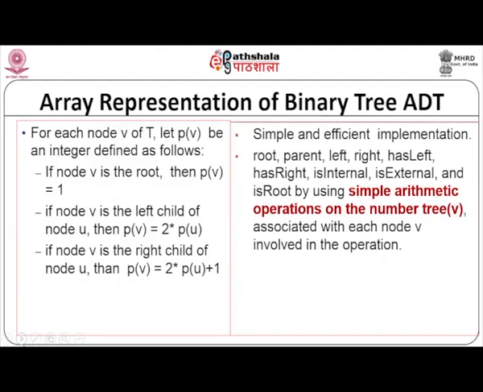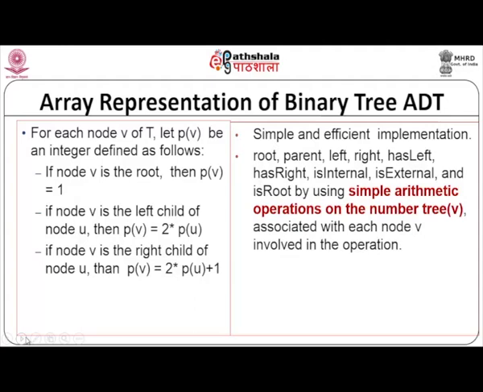So, for this array implementation, for each node V of T, let P of V be the integer defined as follows. If node V is the root, then P of V is equal to 1, that is the position. If V is the left child of node U, then P of V is equal to 2 times P of U. So, if U is occupying 2, the left child of U will occupy 4.